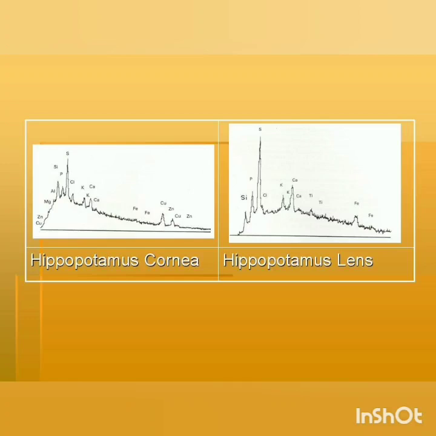If we look at the energy dispersive X-ray spectra of cornea and lens of different mammals, we will find that the sulfur peak is very high.